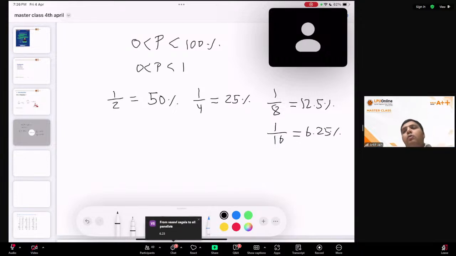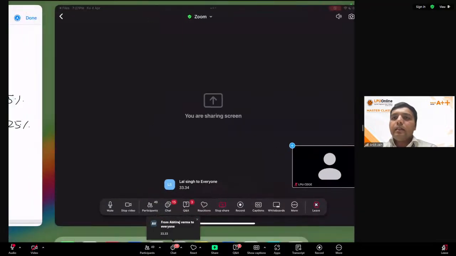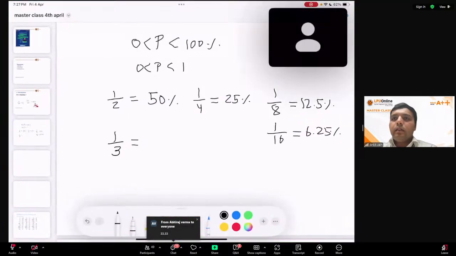These four values are directly related to 1 by 2. If you know 1 by 2, you can derive other values. So what is the value of 1 by 3 in percentage? Yes, 1 by 3 is 33.33%, right?